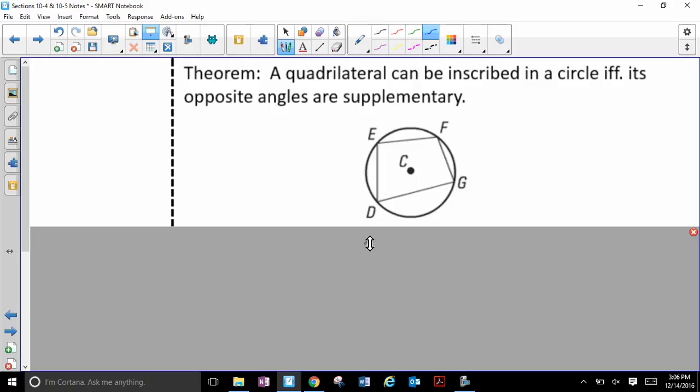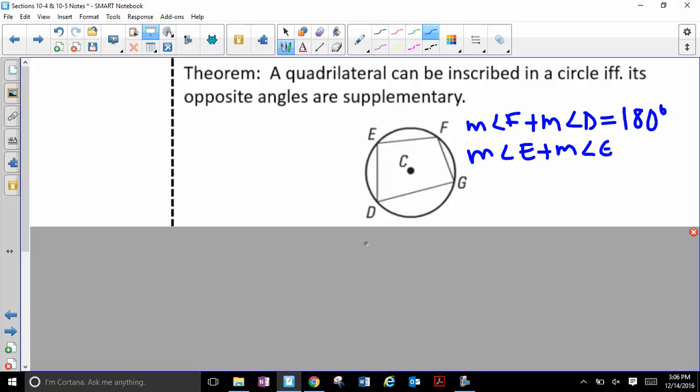So if you put a quadrilateral in there, so you have all four vertices on the circle, then opposite angles are supplementary. So for instance, the measure of angle F plus the measure of angle D in my picture has to equal 180 degrees. And the measure of angle E plus the measure of angle G has to equal 180 degrees.